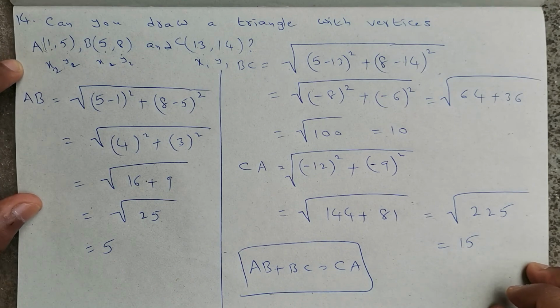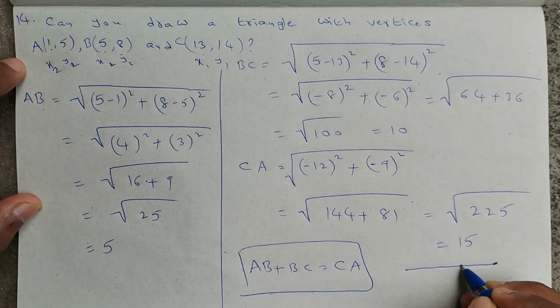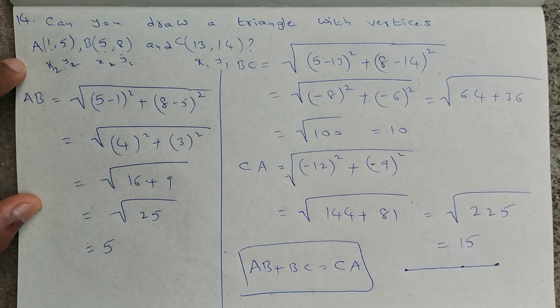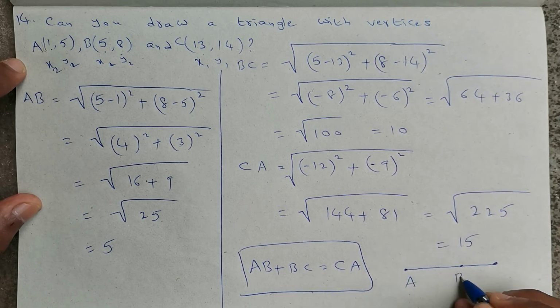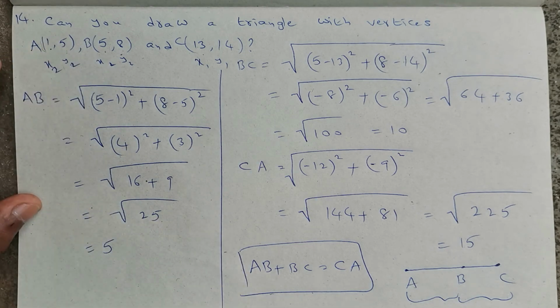So we can say that it won't form a triangle, because these 3 points will lie exactly on the same line. This AB measurement plus BC measurement is exactly equal to the total measurement. So the given 3 points are collinear points, so it is not possible to draw a triangle with those given vertices.